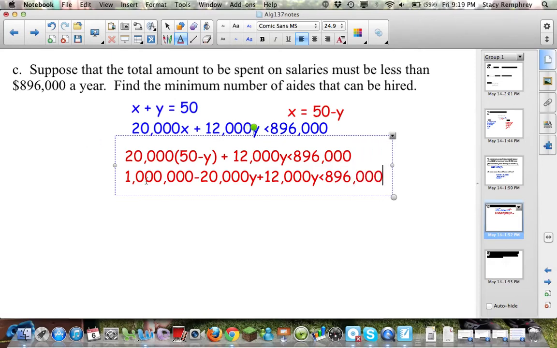Now, an option here that I'm going to use is I'm going to divide everything here by 1,000 and everything here by 1,000.